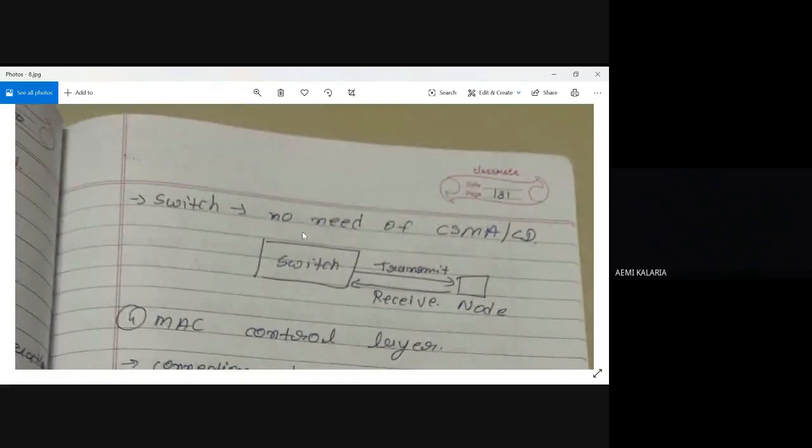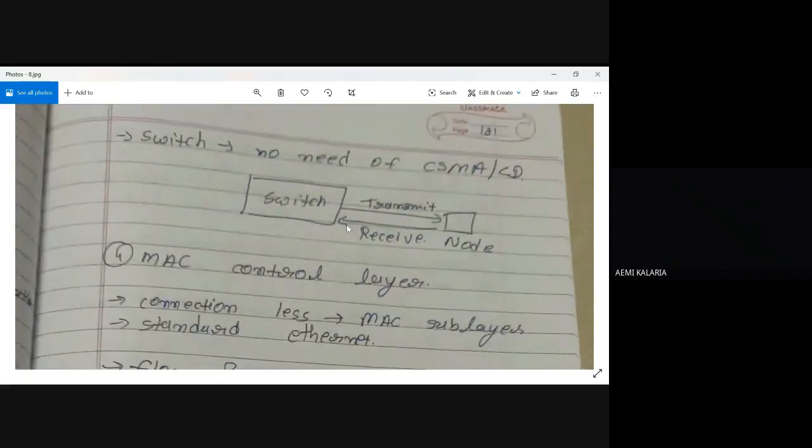I already discussed, there is no need of CSMA/CD because two separate paths are there. CSMA/CD we use for collision detection or collision avoidance. Here two separate paths are there, one transmission line between switch and node, and a second receiver line. So it is easy for us to avoid the collision whenever we deal with switched Ethernet.